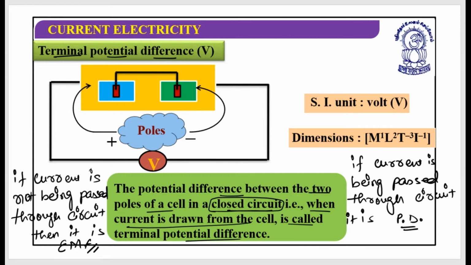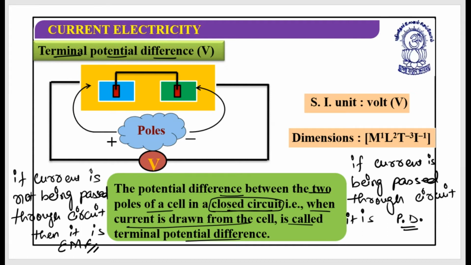I hope you are clear with this too. What is EMF and what is potential difference? If current is not being passed through the circuit and you are measuring a certain potential difference across the two terminals of a cell, then it's EMF, the electromotive force.